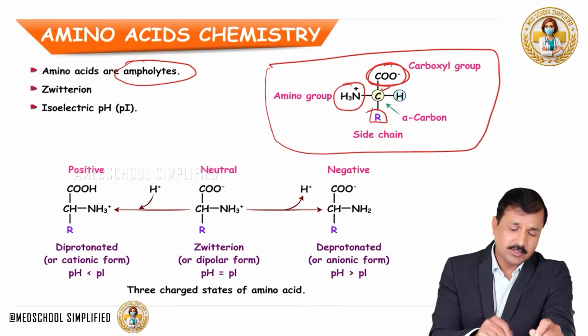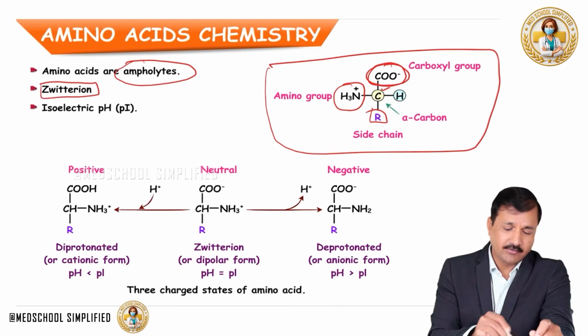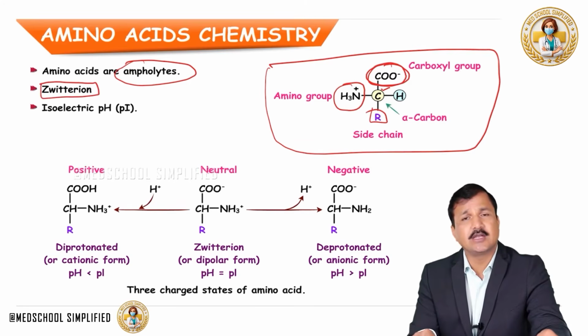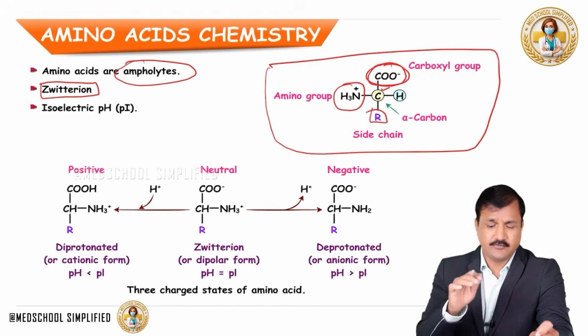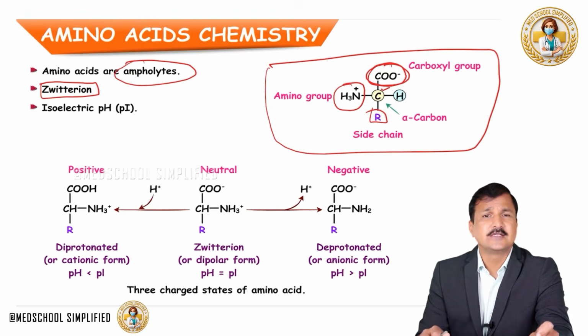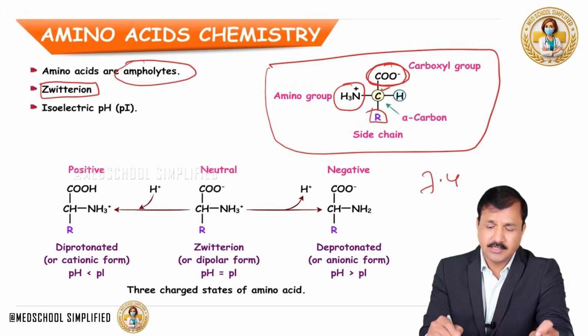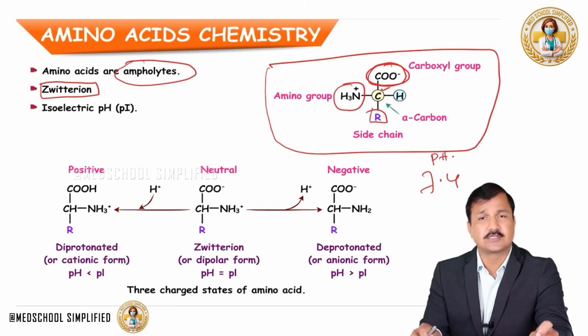Okay, now let's look at something called a Zwitterion. What is a Zwitterion? A Zwitterion is a molecule which has an equal number of positive and negative charges, and the net charge of the molecule is 0. That type of molecule we call a Zwitterion. The majority of our amino acids exist in Zwitterion form at pH 7.4, the physiological pH.